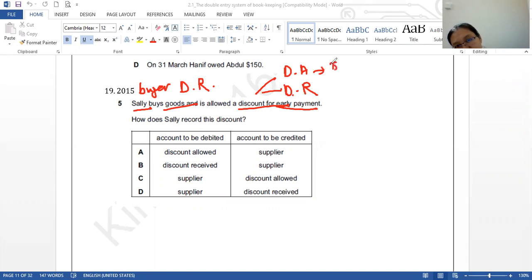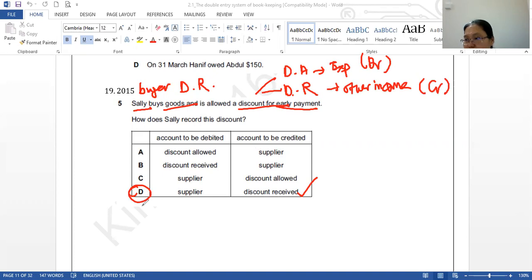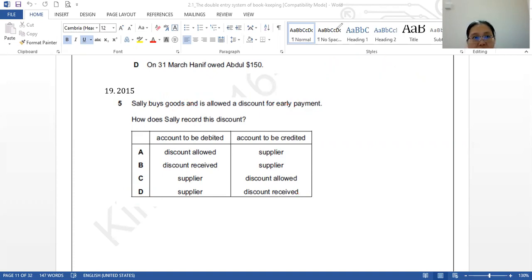Discount allowed is an expense. Discount received is other income. Other income is always on the credit side, expenses always on the debit side. Since this is discount received, it is always on the credit side. So your double entry will be credit discount received, debit supplier. Okay, let's continue.